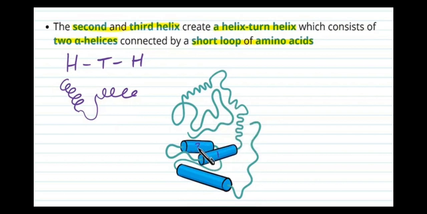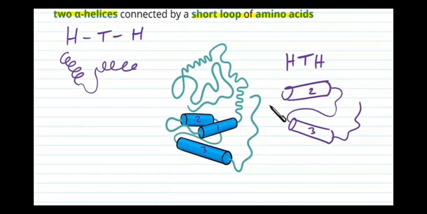Here the structure or the conformation the protein has acquired, for the homeodomain, is called helix turn helix. So there is a helix represented by 2, then there is a turn, and then again a helix represented by alpha helix 3.